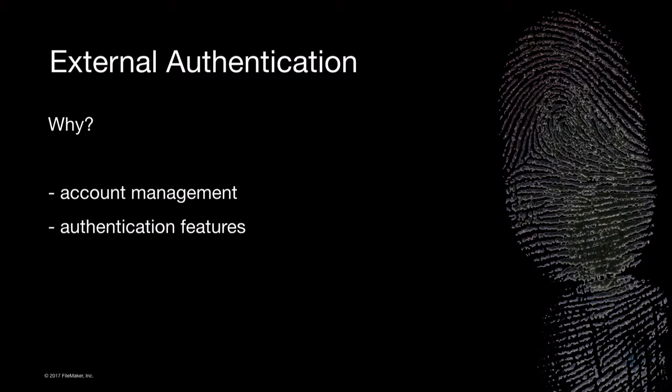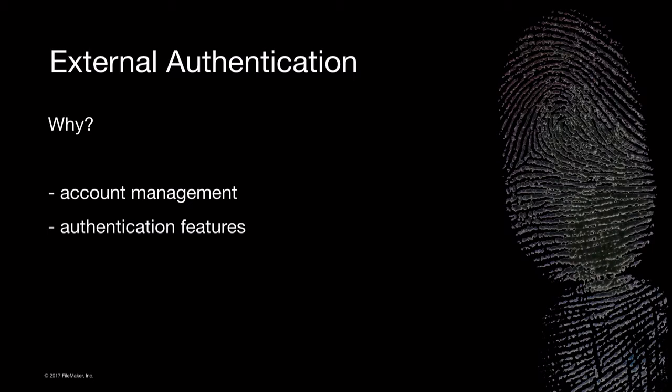The other big benefit is that you get instant access to a lot of authentication features that you don't have natively in FileMaker, right? So you can take advantage of password complexity rules, password expiry rules, geographical location, right? They can limit who can log in from what location.